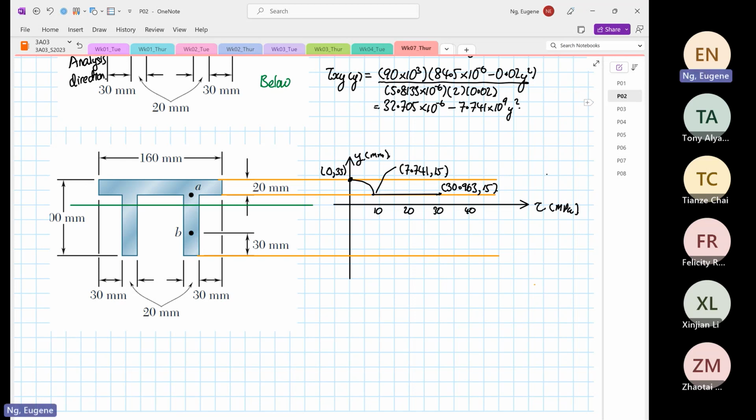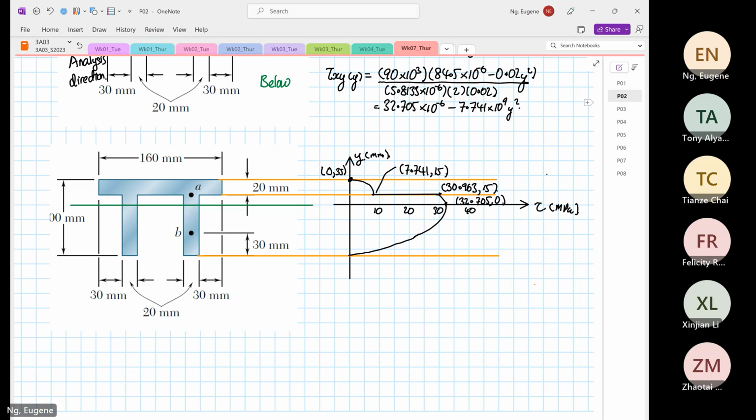So you have a value here, and this is equal to 32.705, and at 0. Okay, so we're going to have a curve looking like this, and then it will come back down like this.